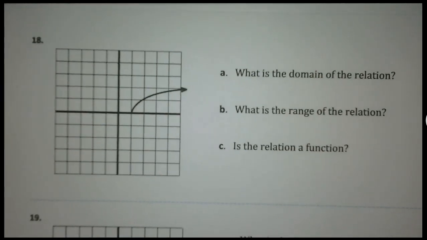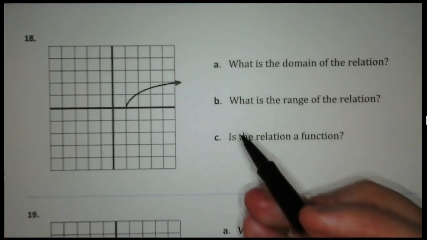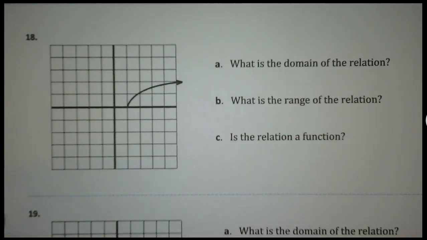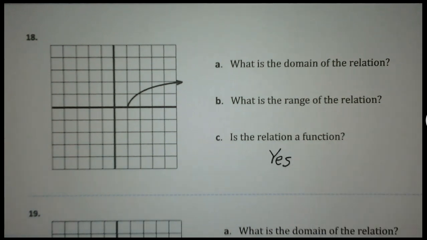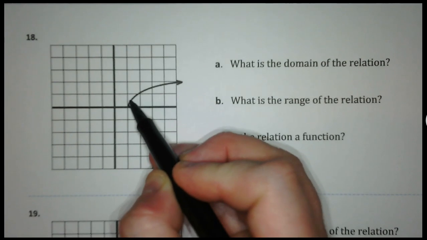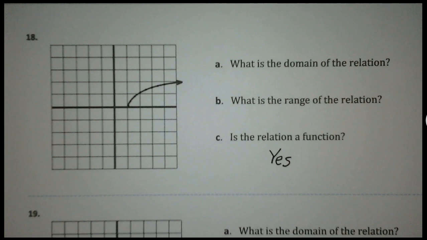All right, once again, number 18. I'm going to start with 18C. Is the relation a function? This is a yes. Because if you look at all the points that could be on this graph, there's going to be no repeat x values.